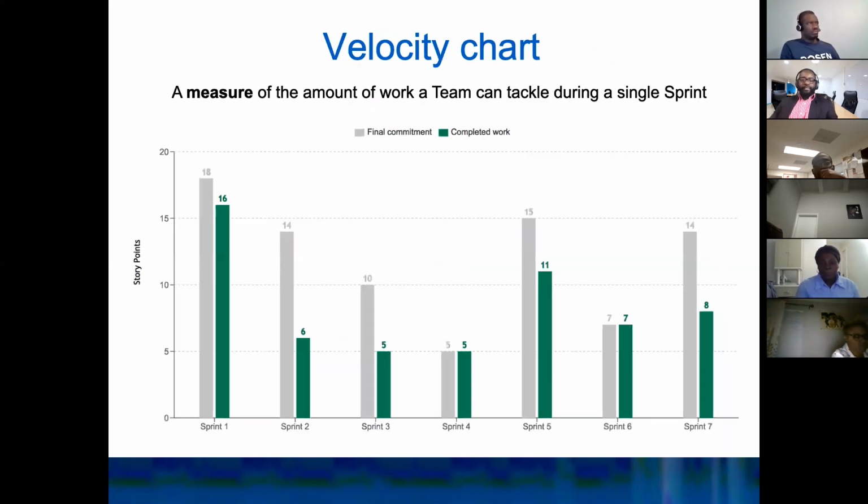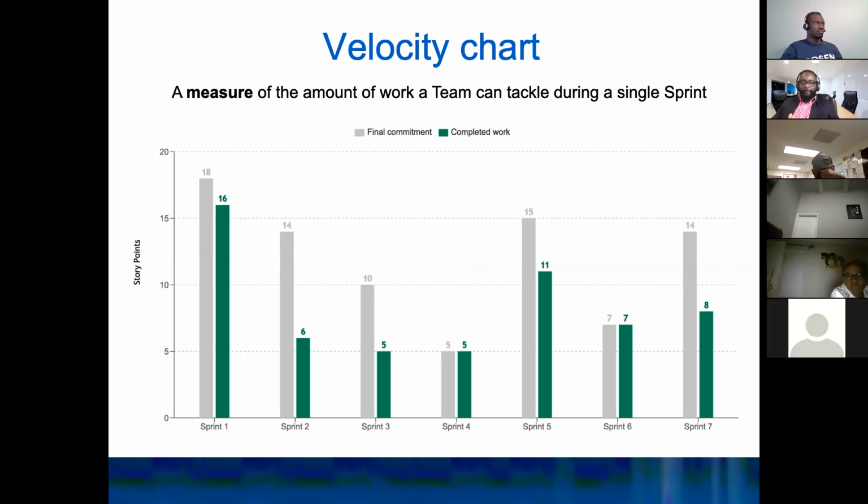All right, so this is the velocity chart, and now it's time to talk about again and again the velocity. I spoke about that a couple of times yesterday. You probably understand that already. The velocity, I was telling you yesterday, is on average how many story points the dev team is completing every sprint.